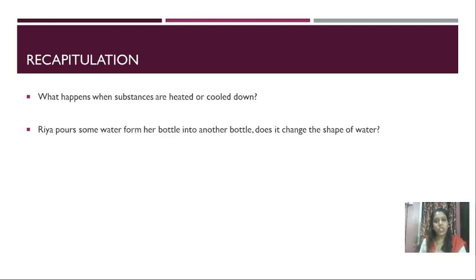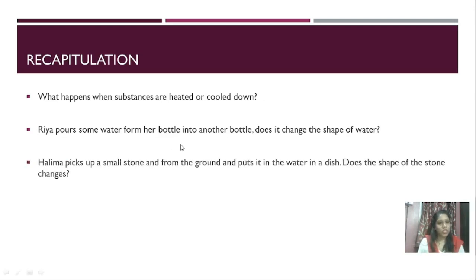Does it change the shape? Yes, of course. The water takes the shape of any container it is poured into. So, if Ria pours the water from her bottle into another bottle, the water will take that bottle's shape. So, yes, the water will change its shape.